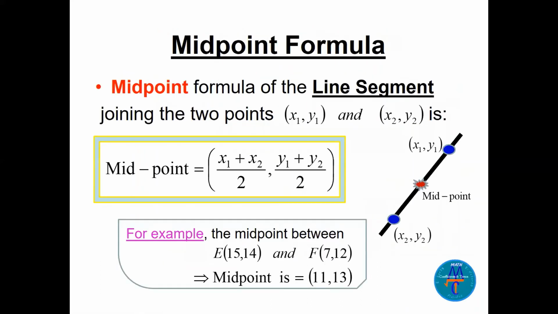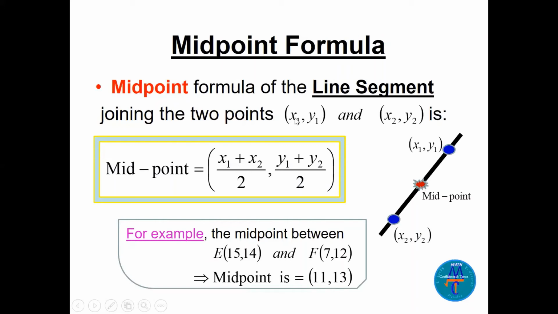Now the midpoint. Midpoint is something different from the distance formula. We also have a line segment. If we say find the midpoint, this is the point here in the middle. It's a point.